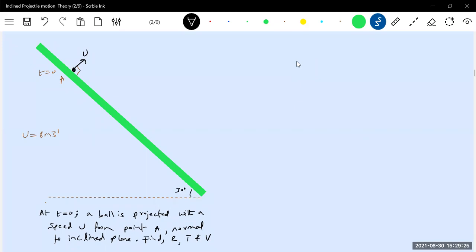I feel it's very easy along the incline and perpendicular to incline. Nothing wrong in thinking randomly. First do it with respect to this, then resolve velocities along X and Y, work it out, you'll get the same answer. Equations will be different, but the answer will be the same.